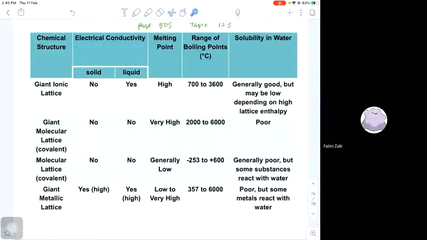So in one particle, it actually consists of a molecule of CH4. The particles are molecules, and the interparticle forces will be dispersion, dipole-dipole, or hydrogen bonding, or all. Physical properties: it is fairly soft, low to moderate melting point, poor thermal and electrical conductor. They are not a good thermal and electrical conductor.